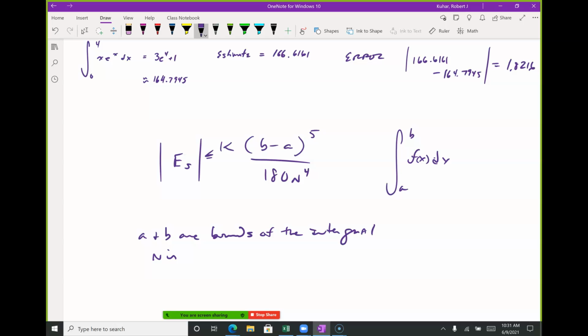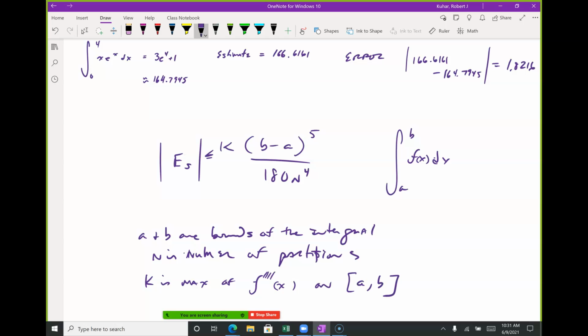N is the number of partitions. K is the max of f quadruple prime of x on [a, b]. And we want to go to the next integer, so we want K as the closest integer above the max, right?